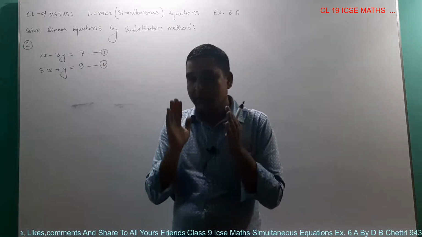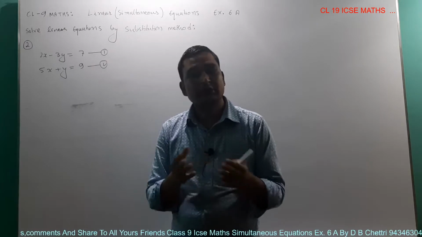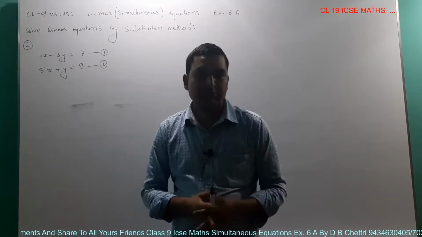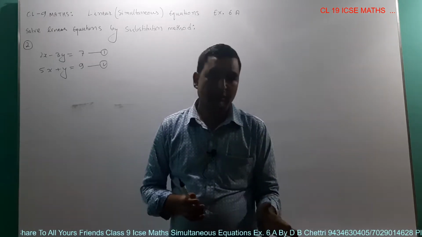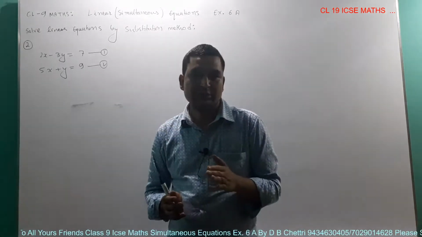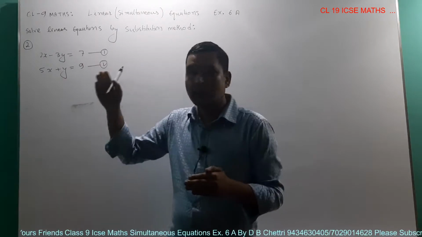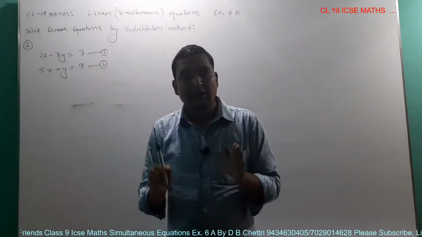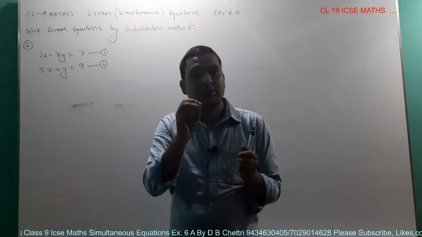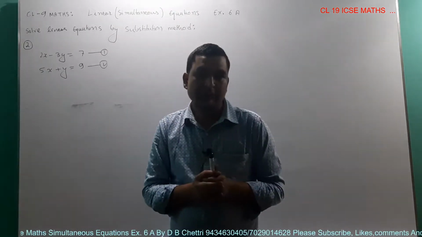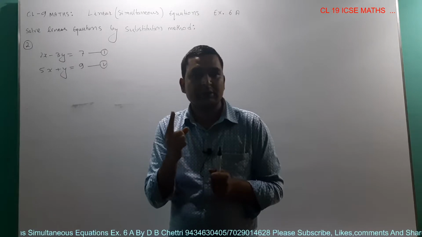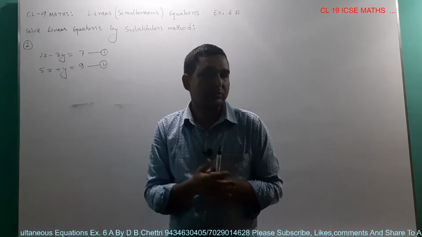Now, to solve linear equations by the substitution method, first we need to get the value of one of the variables from any one equation, either equation 1 or equation 2. I say choose the equation which has the small coefficient. If a coefficient is 1, that is the best equation to choose.